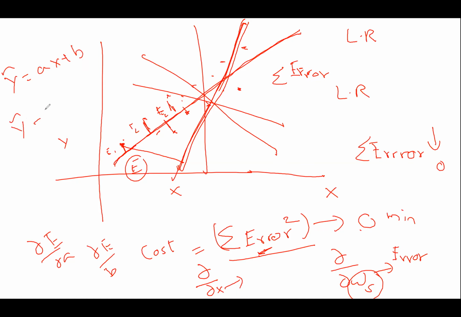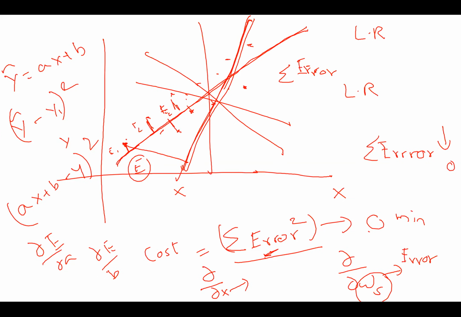Y hat minus Y, right, whole squared. So it is (AX plus B minus Y) whole squared, whatever is your prediction. This is your error function.